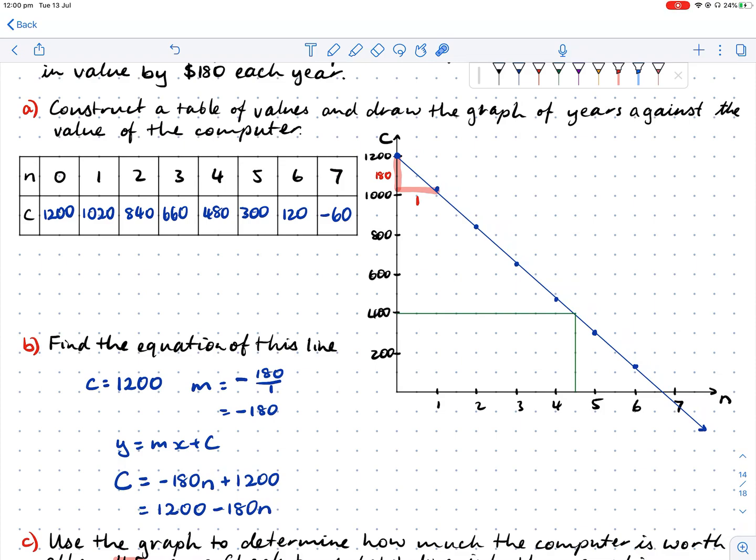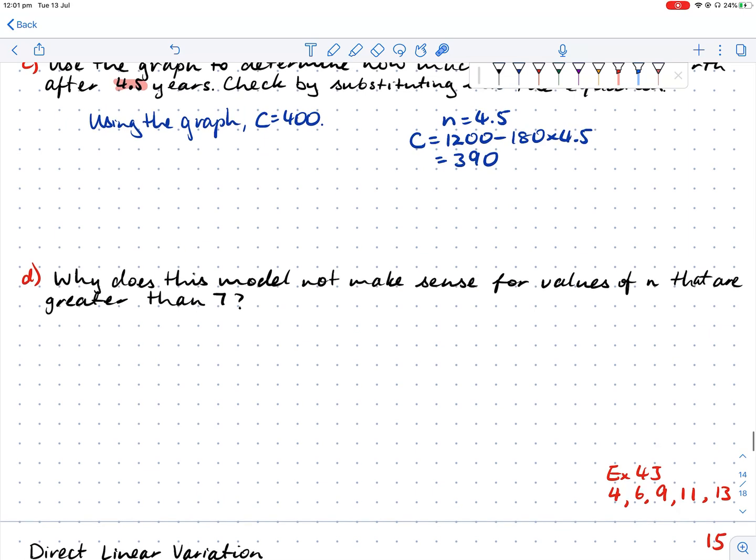So this graph is really only valid up until that point right there, when the value of the computer is equal to 0. So we can say that the model doesn't make sense because the value of the computer is negative, and we can't have negative values.